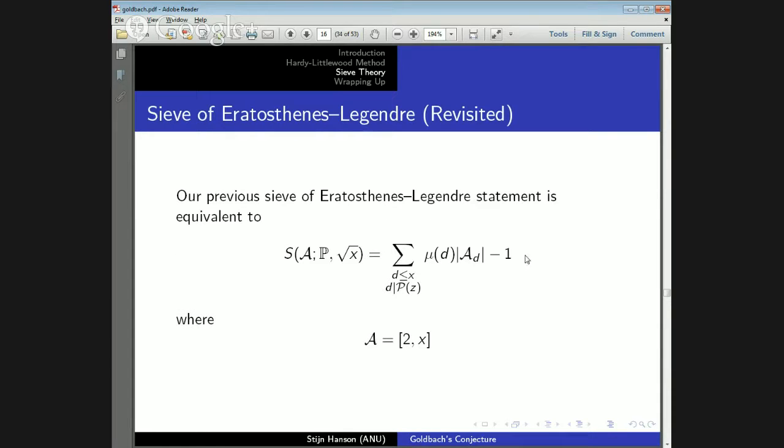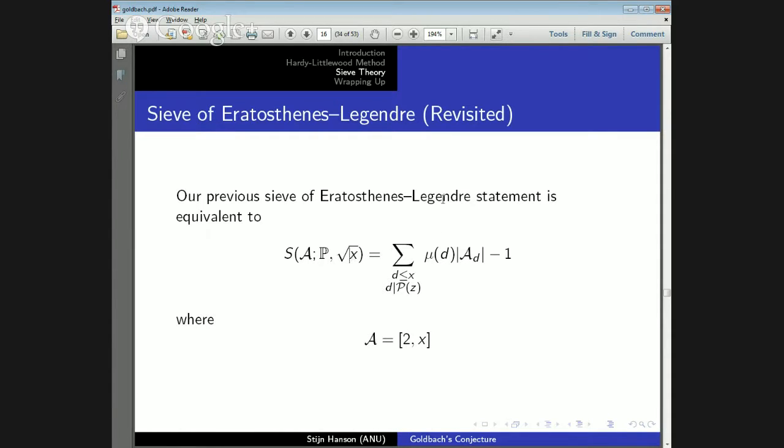Okay then. So then we can restate our Eratosthenes-Legendre statement as, so this left-hand side here. If we have A being the elements from 2 to x, then we're going to sift out by primes less than or equal to root x. Actually, this root x here should probably be root x plus epsilon, but for sake of notation, we'll keep it as is.